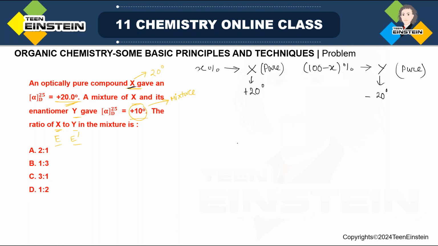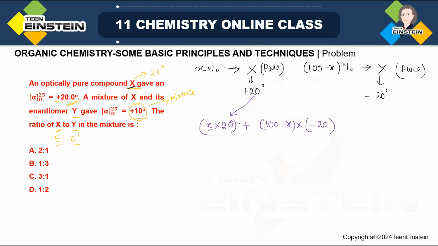Now we will do the ultimate calculation. Here, x into 20. This 20 is basically plus 20, plus the percentage of Y, which is 100 minus x, multiplied by minus 20 degree.